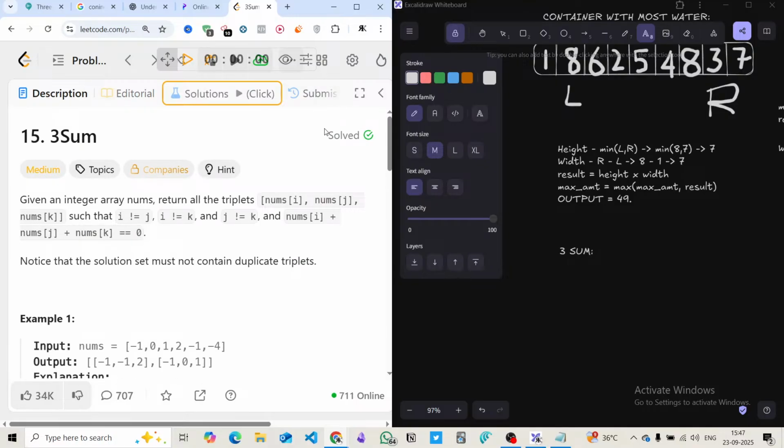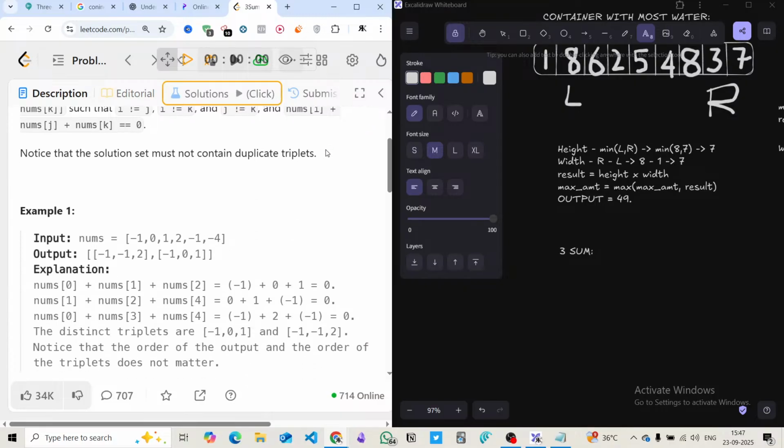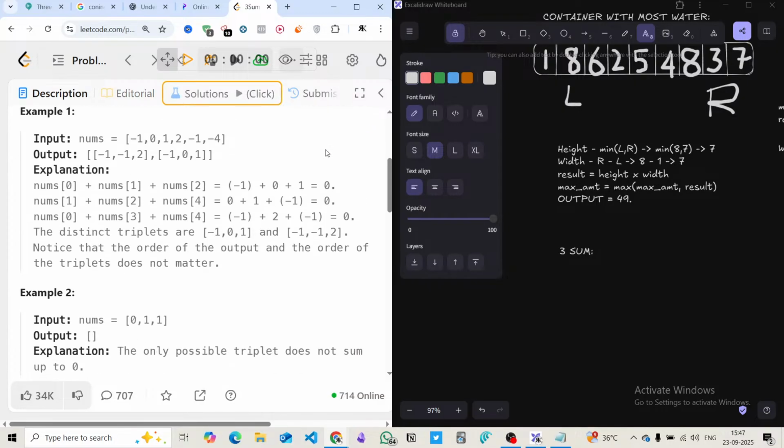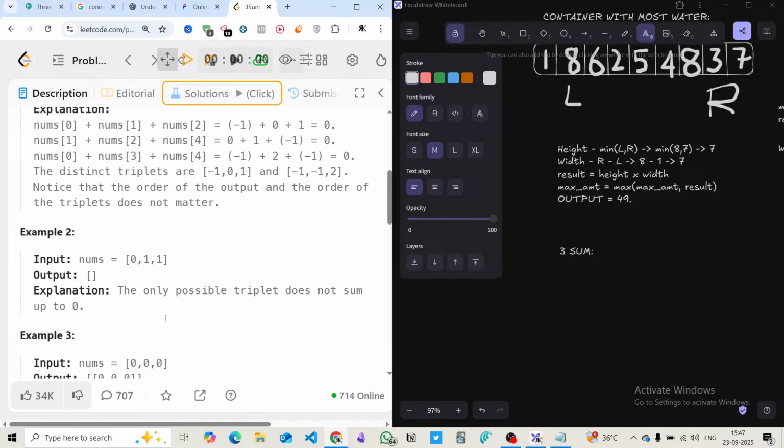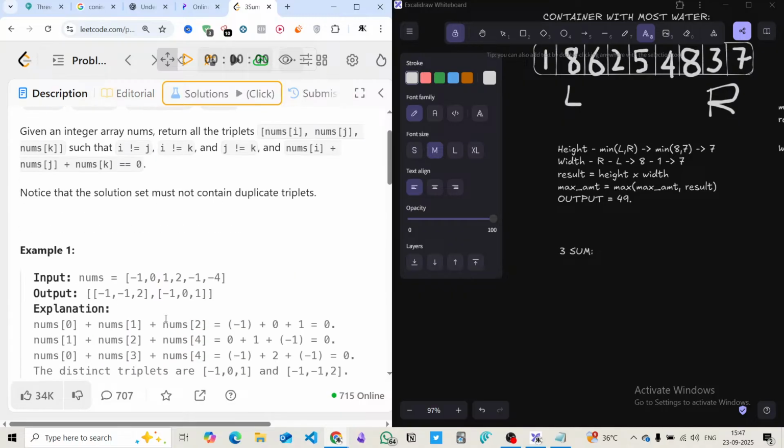Oh, I already solved this one, but I really don't know how to solve this one. Do we need a three pointer approach to solve this one?